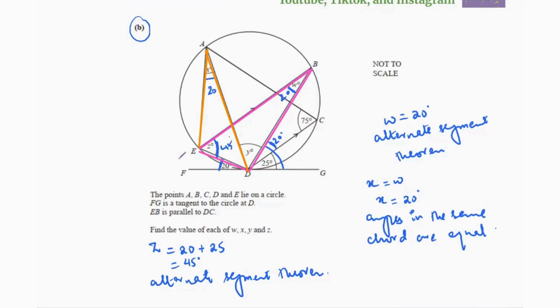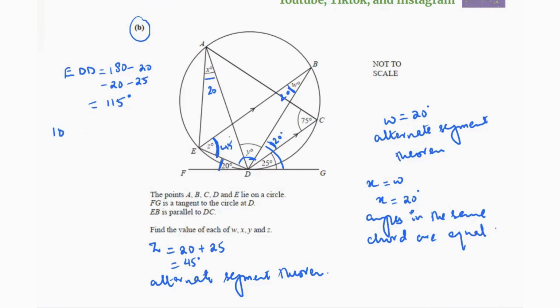And then for angle Y, what we can do is find this angle, EDB. That's 180 minus 20 minus 20 minus 25. That gives us 115. We know in a cyclic quadrilateral, opposite angles add up to 180.